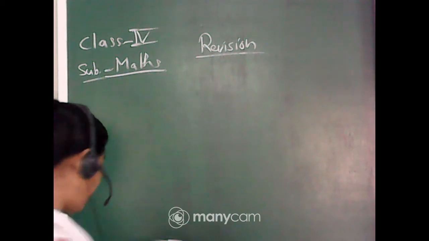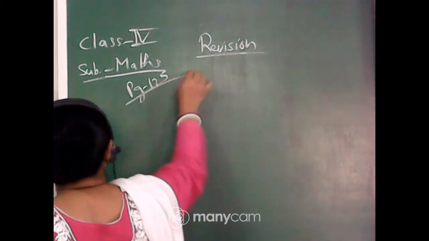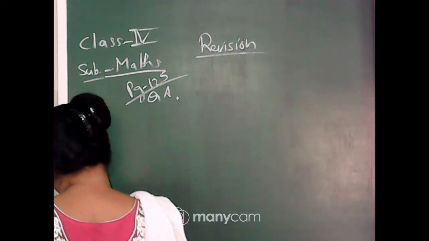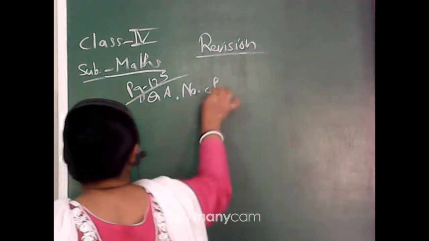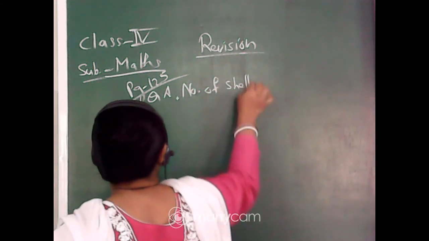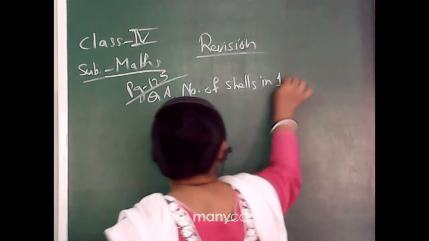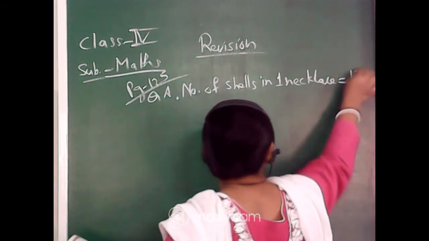This is page 125. Question number A. Number of shells in one necklace is 17.